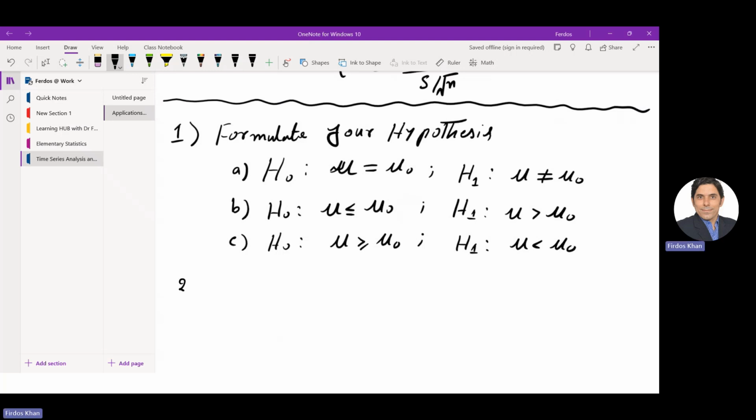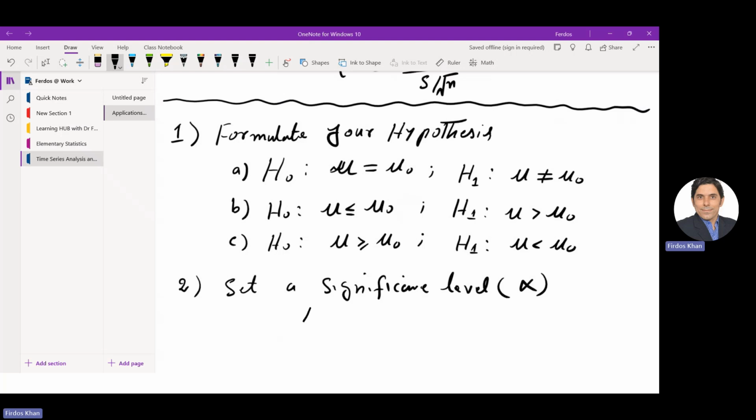The second step is to set a significance level. That means set the value of alpha.